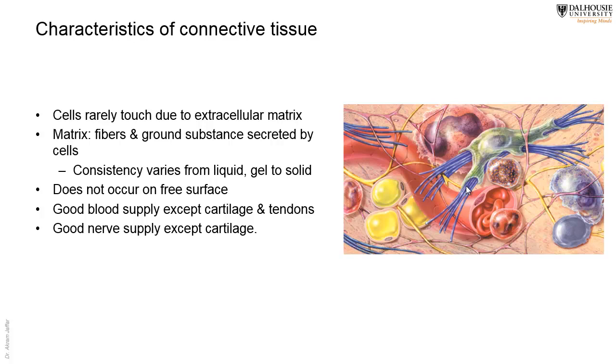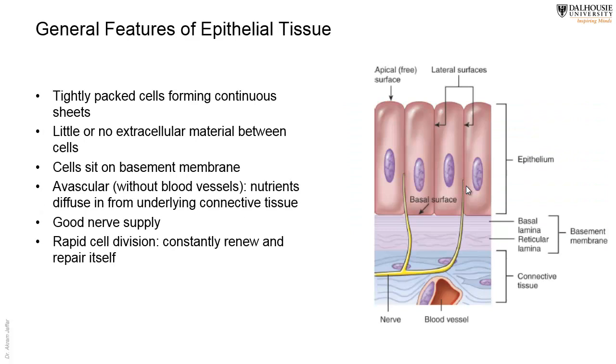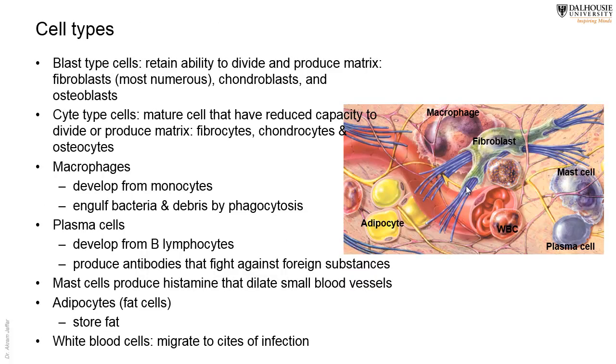Cartilage and bone are kinds of connective tissue, supporting connective tissue. So we are going to deal with cartilage and bone later on when we talk about the musculoskeletal system. Just to remind you that cartilage and bone are a kind of supporting connective tissue. So that's why we are including them with the rest of the connective tissue.